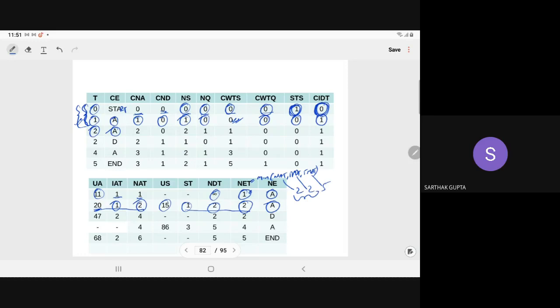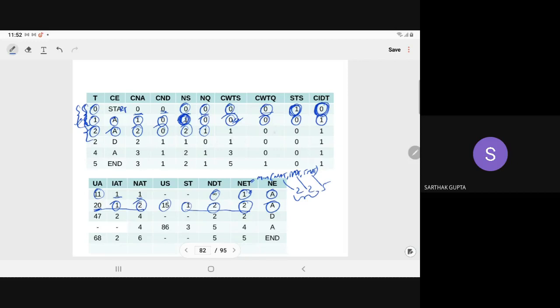Due to the arrival, CNA will increase by 1, CND will remain as it is. Now the number of customers in the system will be 2, and the number of customers in the queue will become 1. Now CWTS. CWTS is the old CWTS plus old NS into difference of time, that becomes 1.